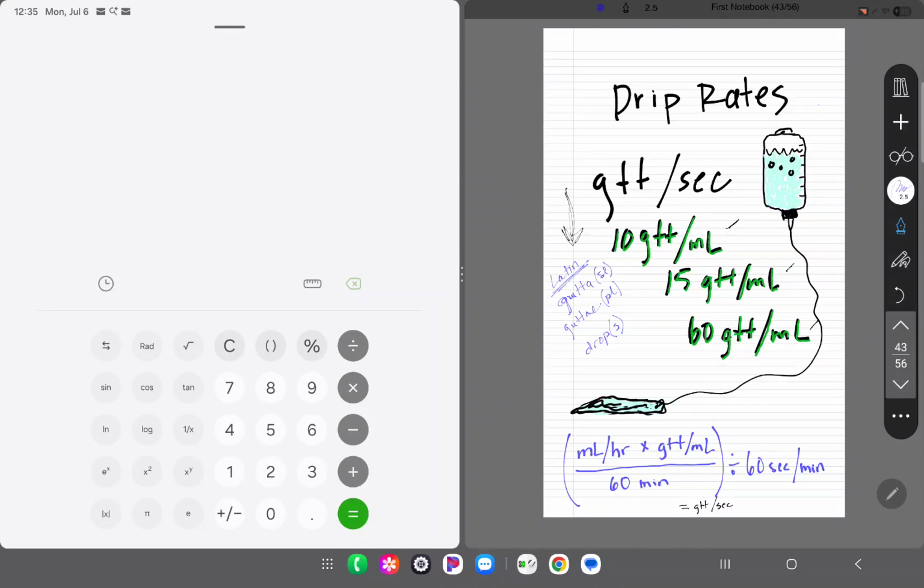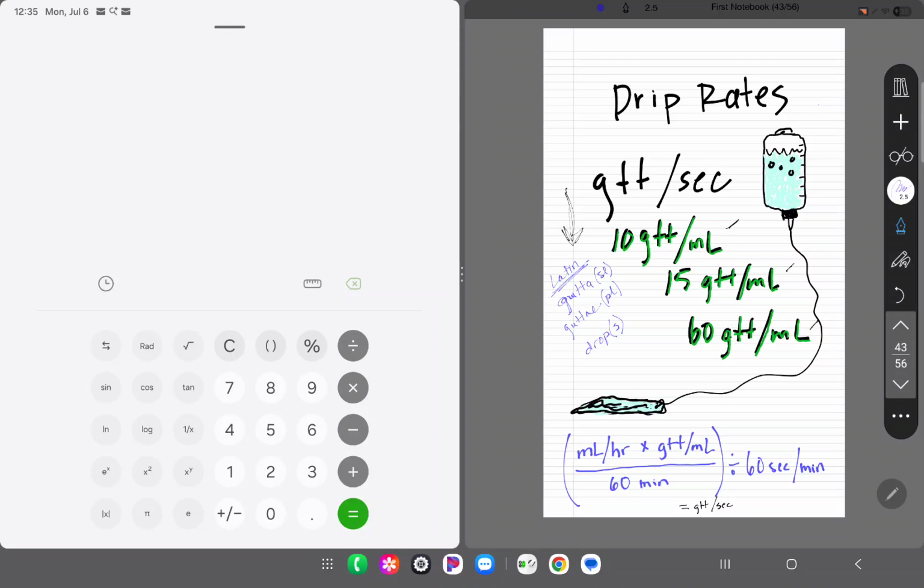That's okay, we can deal with that. Maybe you have multiple to choose from. At least know that each set that you can purchase will have a different drop per mil on that set. So you've got to read your sets and figure out, of my primary IV sets, what is what and which one am I grabbing.